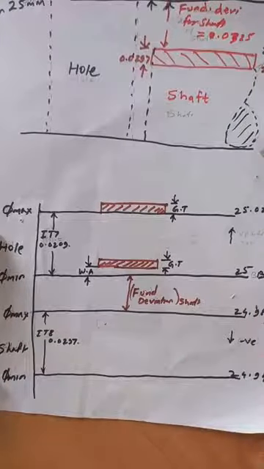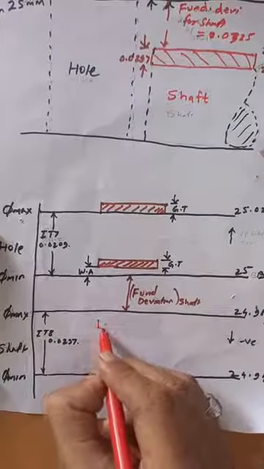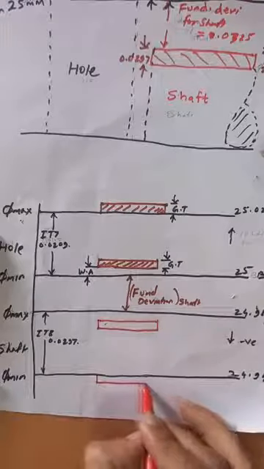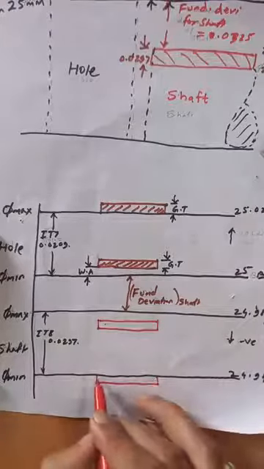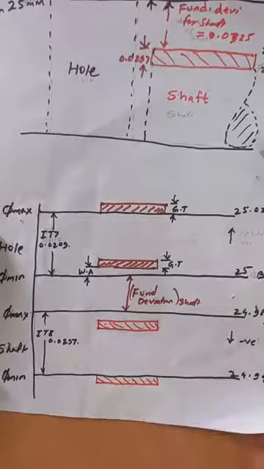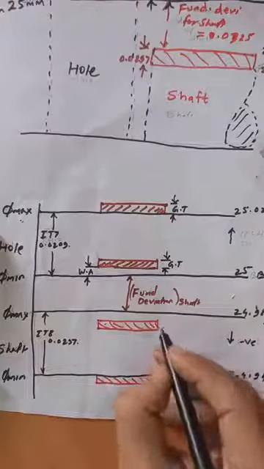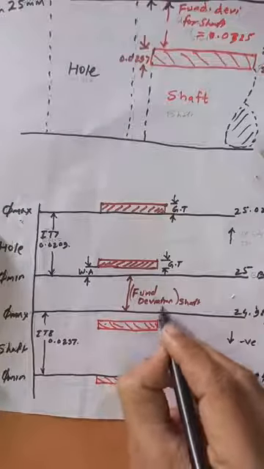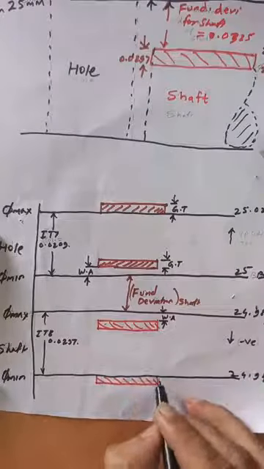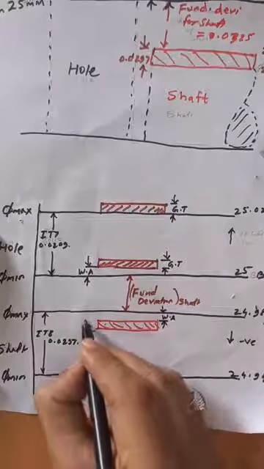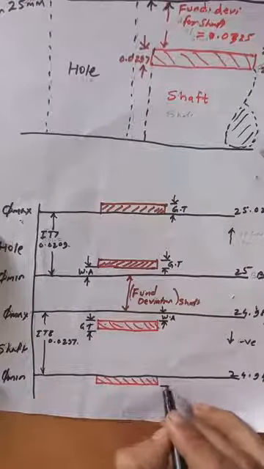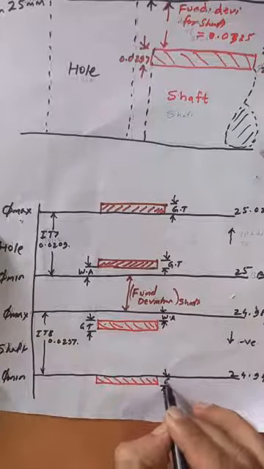Similarly, this is the wear allowance for shaft. This is the gauge tolerance for shaft. This is the gauge tolerance.